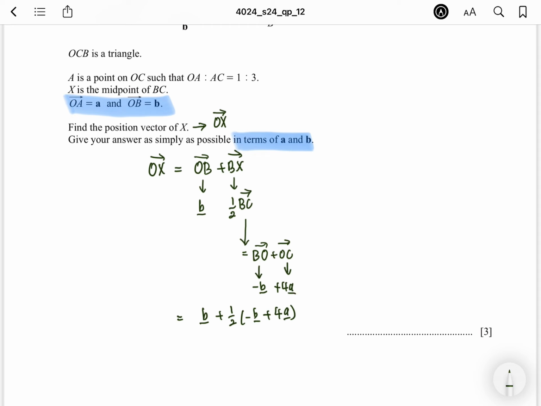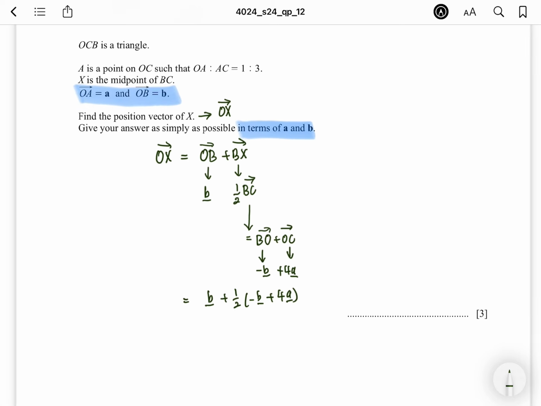BC is BO plus OC, which is minus B plus 4A. So OX is B plus half of minus B plus 4A. Let's try it like a flow chart, so it's a bit easier.